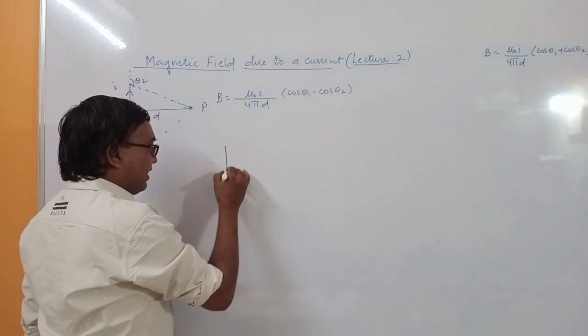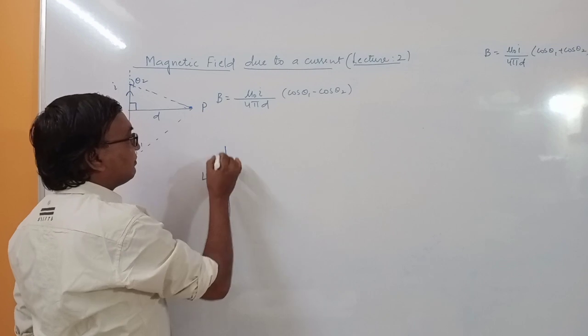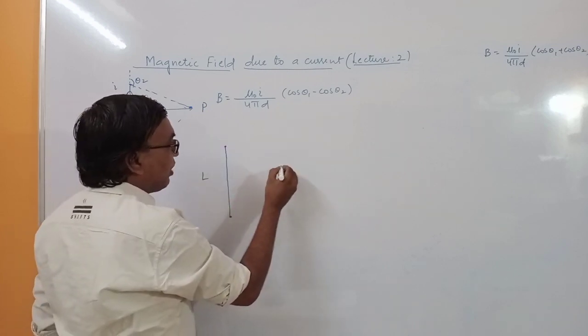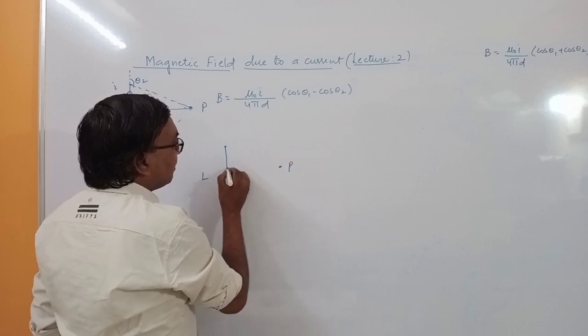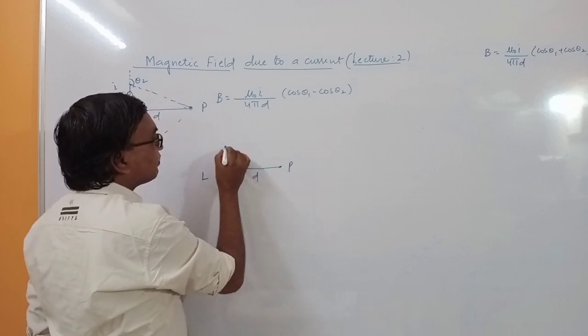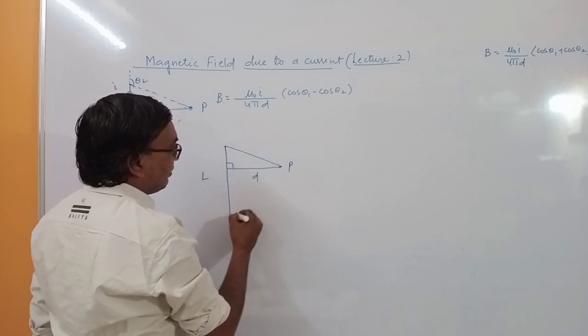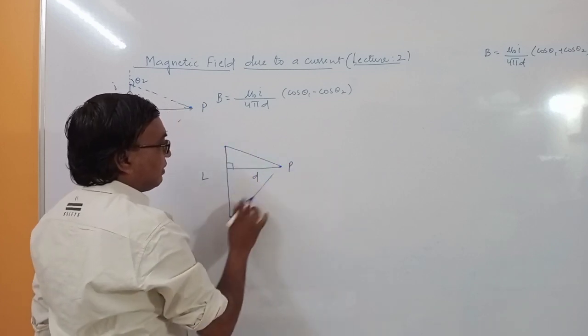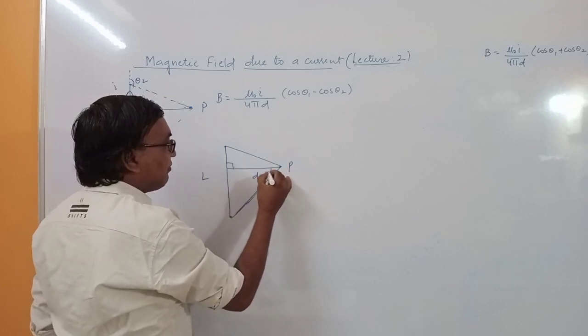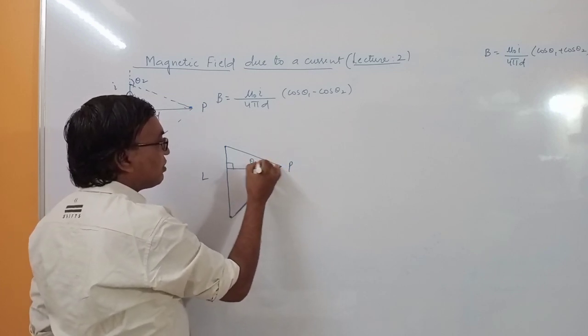So let us take the same wire of length L. The magnetic field due to this wire at point P, where the point P is at a distance of d from the wire. Then we'll consider angles here. So this is theta 1, this is theta 2.